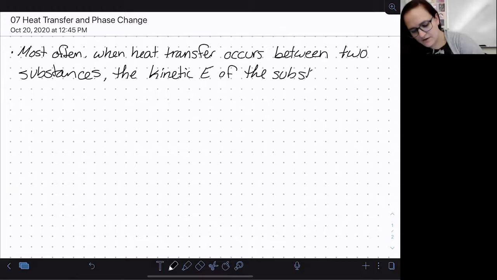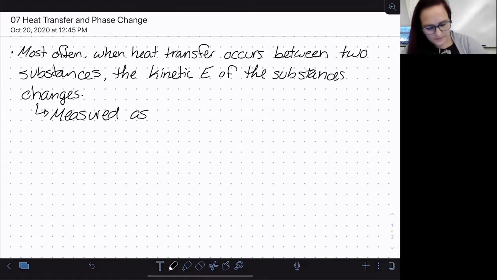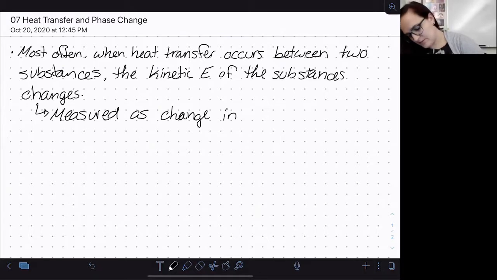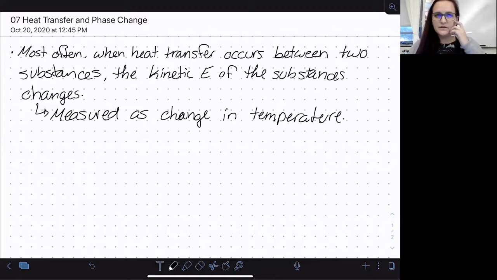And we measure that as a change in temperature. So one thing gets warmer, one thing gets colder, they meet somewhere in the middle as a thermal equilibrium is established. But that's not the only thing that can happen.